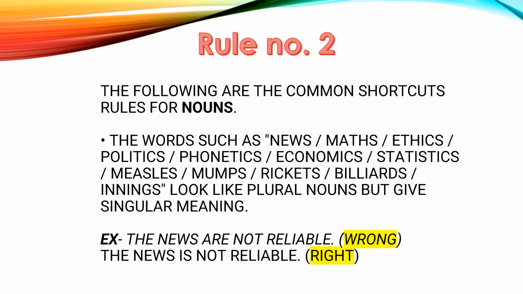For example, the news are not reliable, which is a wrong statement. Even though news ends with s, I cannot use are with news. The correct thing is the news is not reliable. So it seems to be plural, but at the end of the day it is singular. So we should use is instead of are with news.